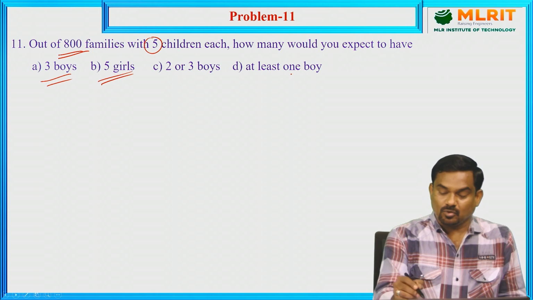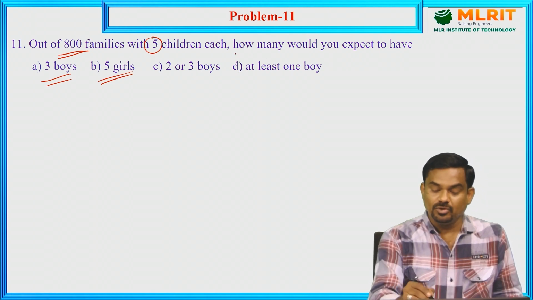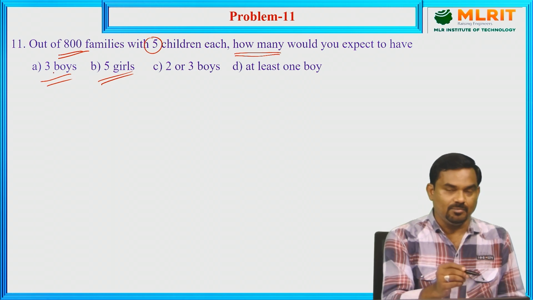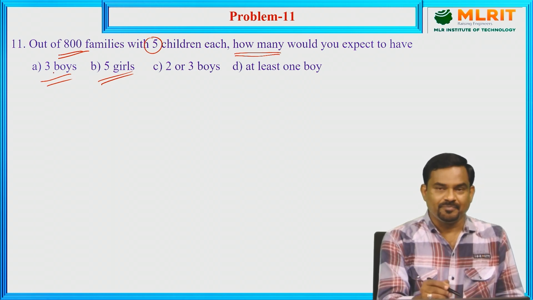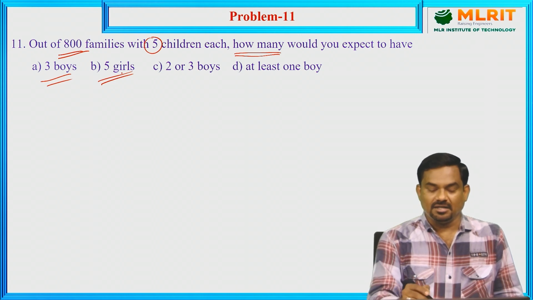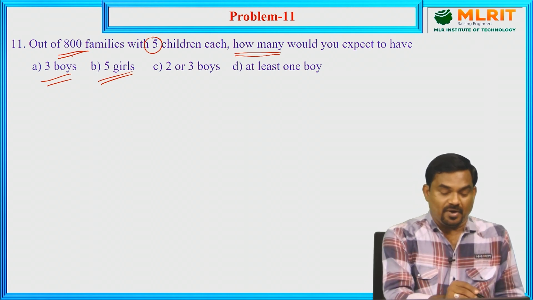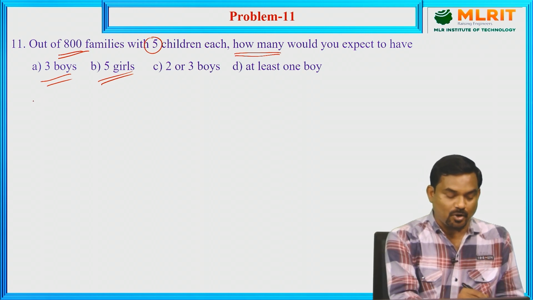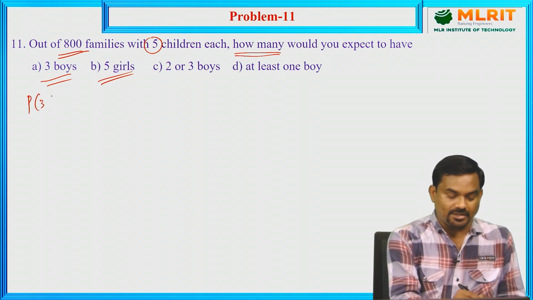So here the question is to find how many would you expect to have. That means in how many families there are 3 boys. That is the first question. In how many families there are 5 girls and so on. To find how many families are having 3 boys, first we need to find the probability of 3 boys.